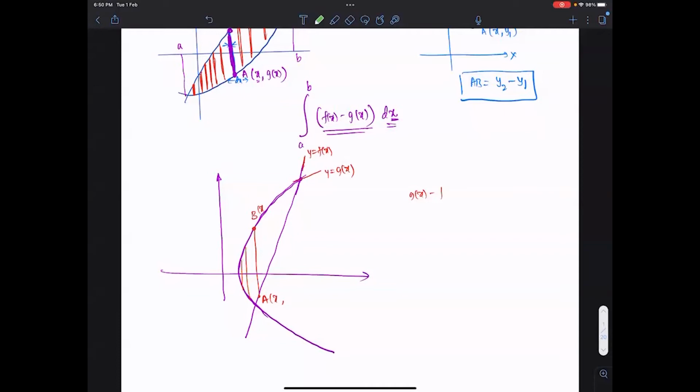But see here, if I take horizontal strips, if I start taking horizontal strips, your left side of the horizontal strip is always on the parabola, and the right side is always on the line. So your left point and right point, the nature is not changing throughout.